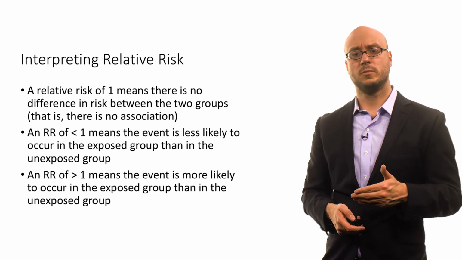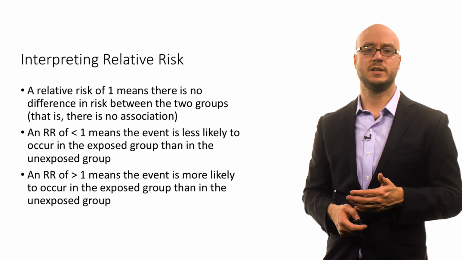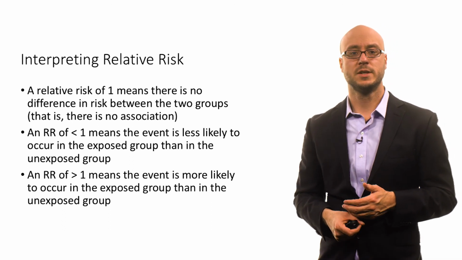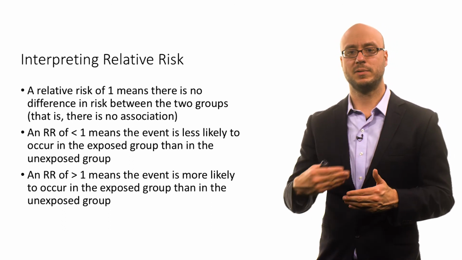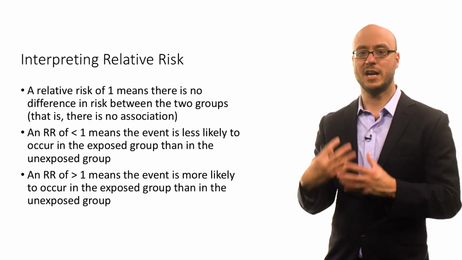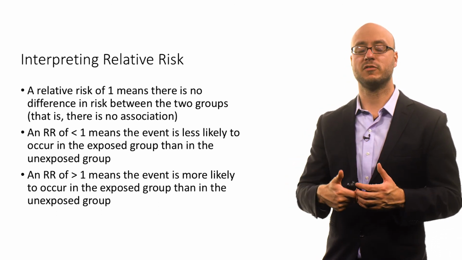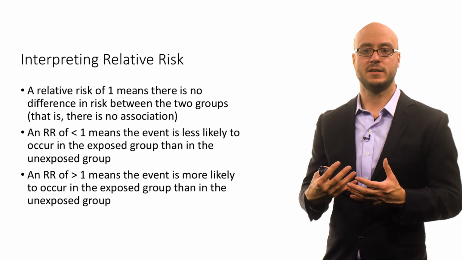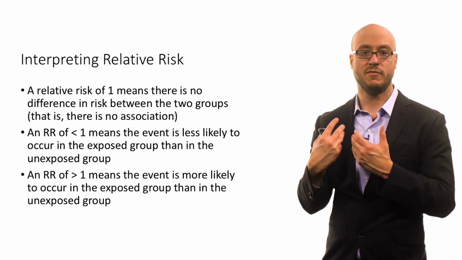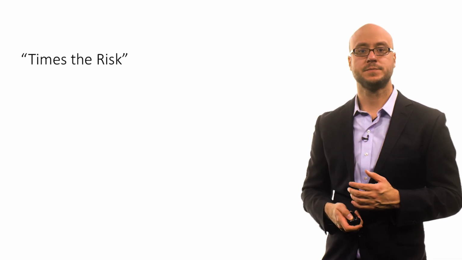A relative risk of greater than 1 means the event is more likely to occur in the exposed group than in the unexposed group. So when you have a relative risk of less than 1, it implies that this exposure has some kind of protective effect. A relative risk of greater than 1 implies that the exposure has some kind of adverse effect.